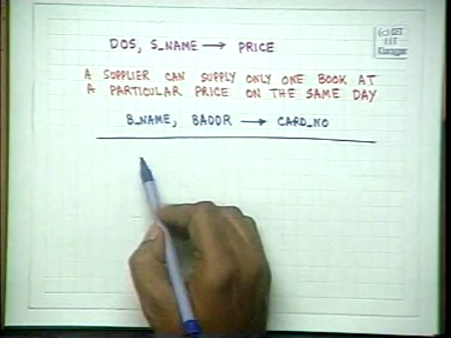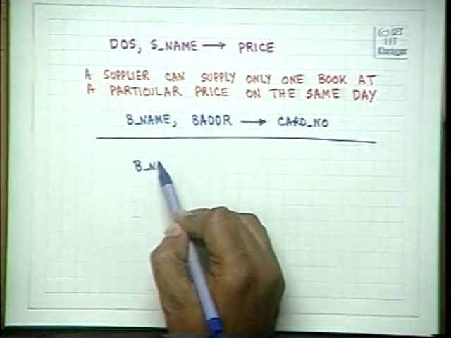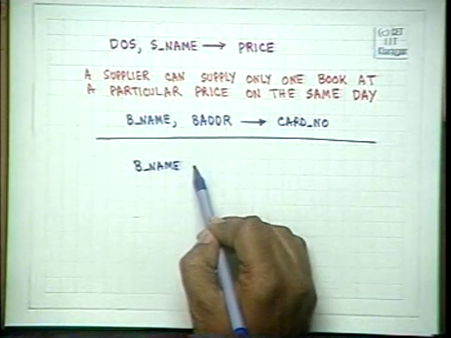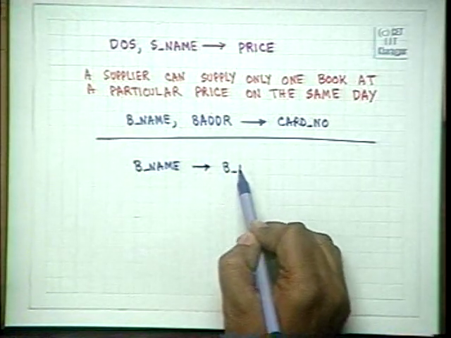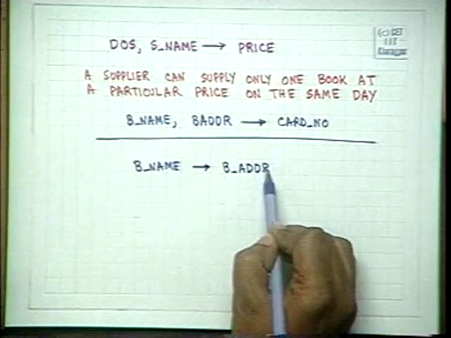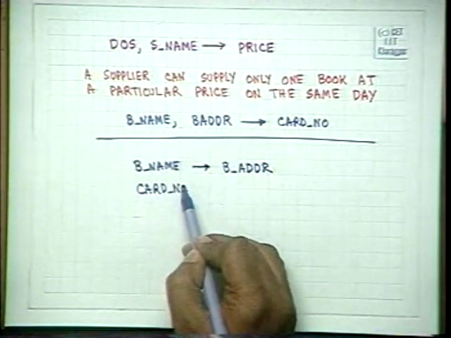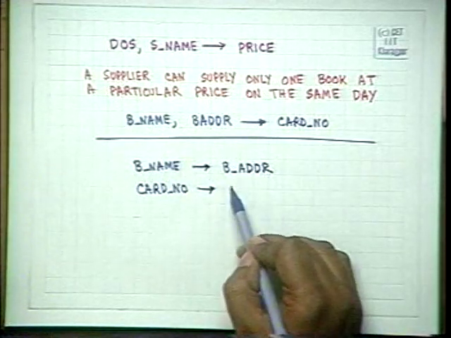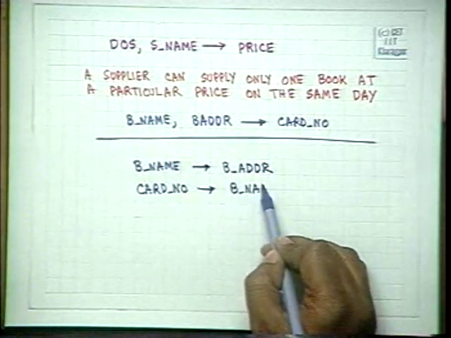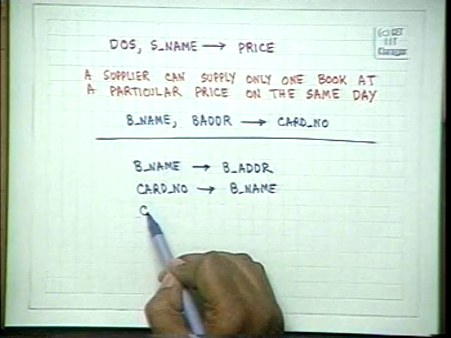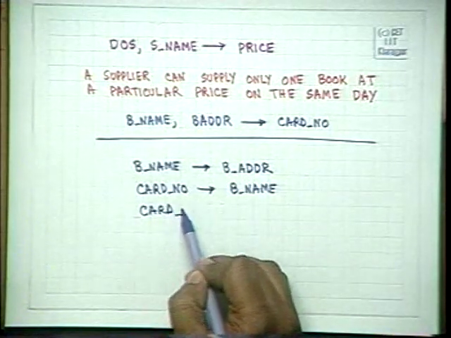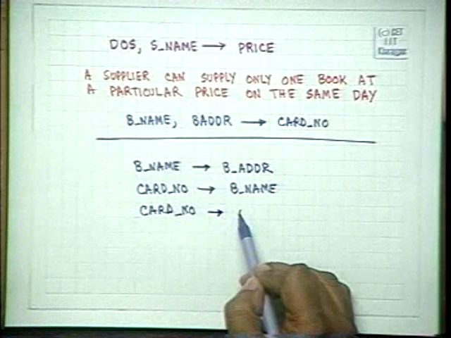Let us take another one. Suppose I write down borrower's name gives borrower's address, and I have my old dependency as card number gives borrower's name, and card number also gives borrower's address.